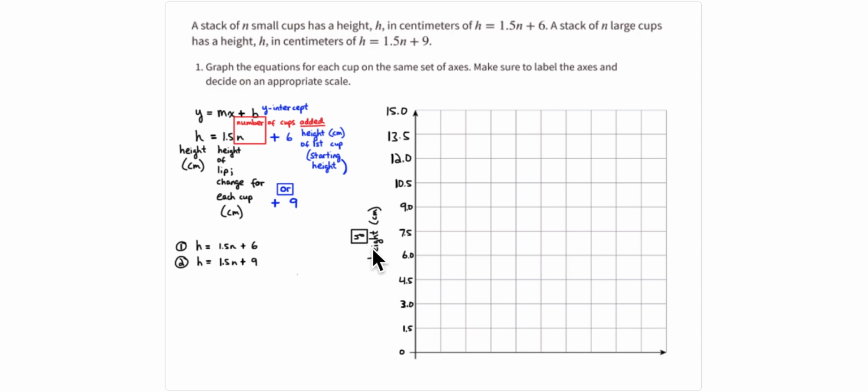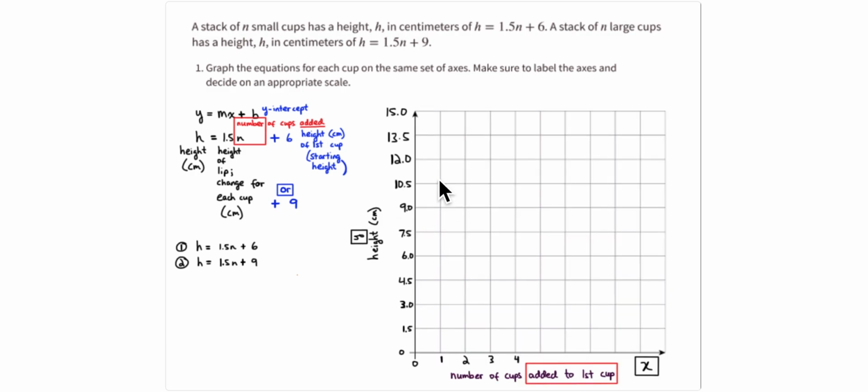So the height is y, or the height is h, the number of centimeters of the total stack. And notice down here, this is different from what the authors showed you. The authors just label this number of cups, but it's actually the number of cups that are added to the first cup. Because if you go here to 0, what's the height with 0 cups added to the first cup?